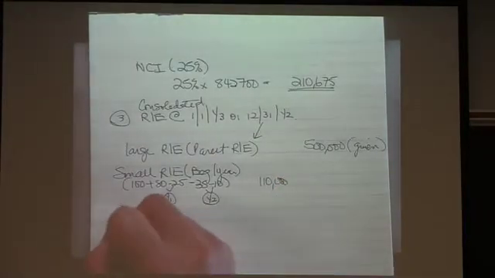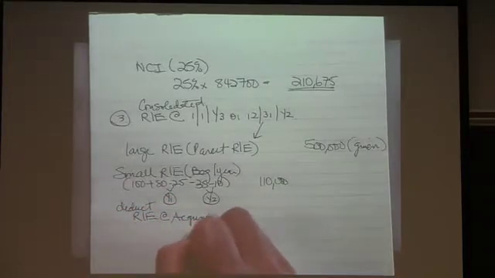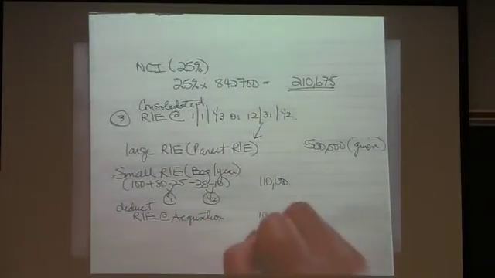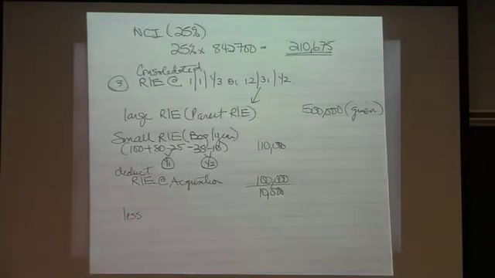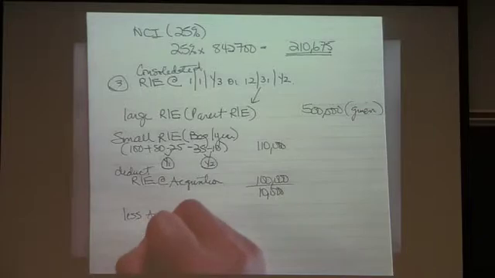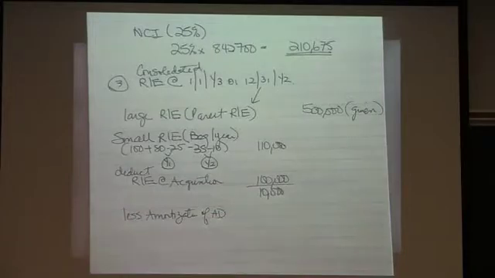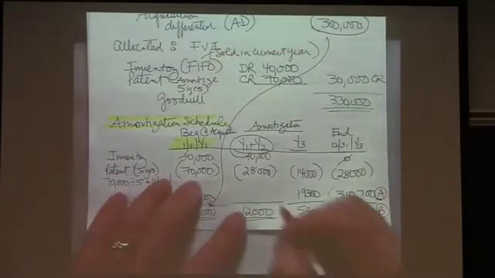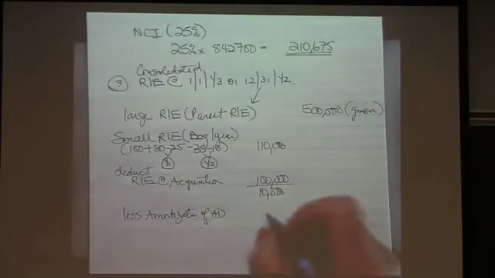We're going to deduct retained earnings at acquisition date, because you got to remember, we only pick up our share of income from the date of acquisition. That's 100,000. So that's 10,000. Now, how much did we amortize? So remember, we amortize less amortization of acquisition differential, and that was 12,000, wasn't it? So let's label that C in red. So that's 12,000 that we're going to deduct.